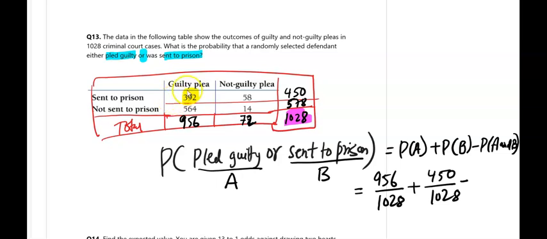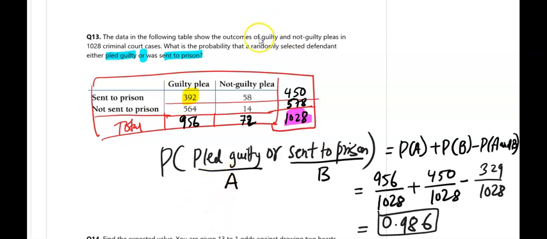See, 392 persons were sent to the prison and pled guilty both. So you subtract that, 392 divided by 1028. If you put it in the calculator and simplify, you get 0.986, rounded to 3 decimal places. That's the probability that a randomly selected defendant either pled guilty or was sent to the prison.